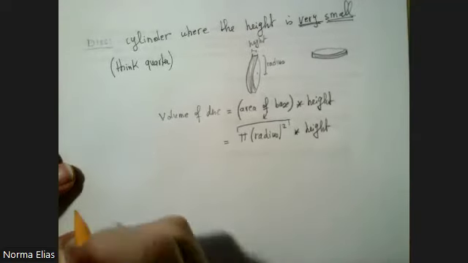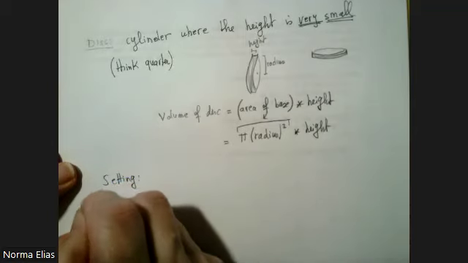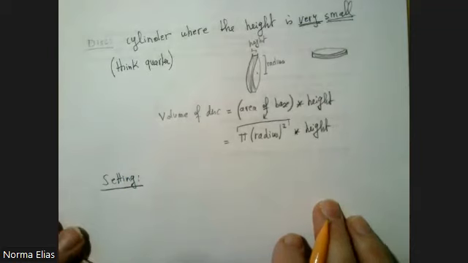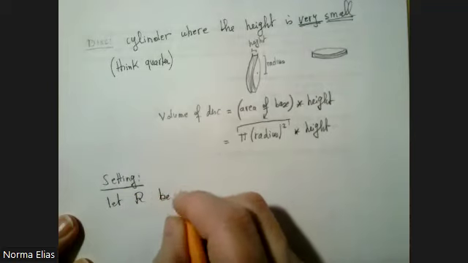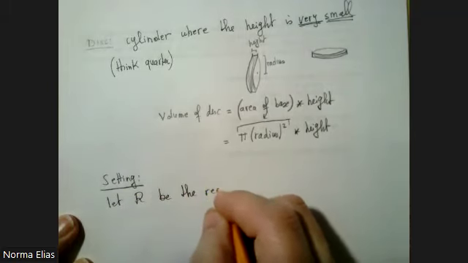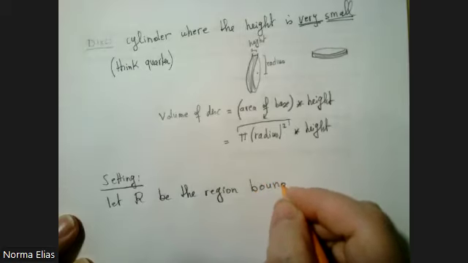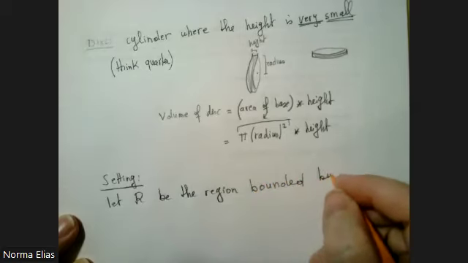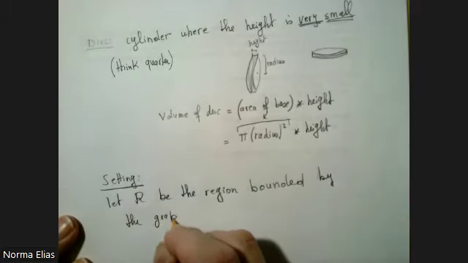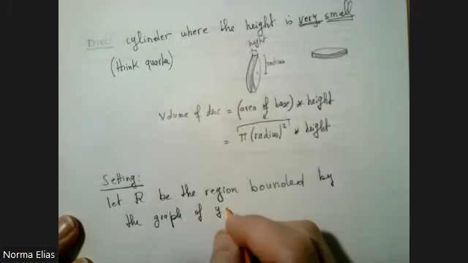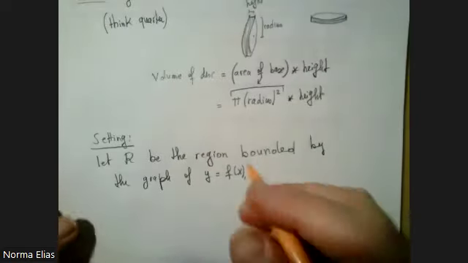Now, our setting in this problem is the following. Let's see what the setting is. We start with a region R. Let R be the region bounded by the graph of y equals f of x and the lines x equals a, x equals b.